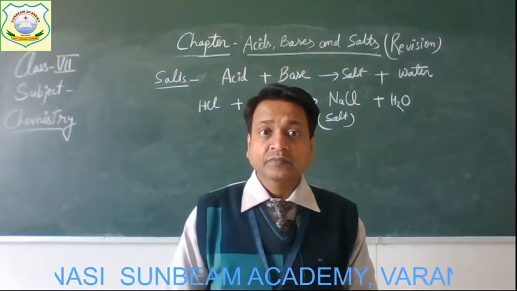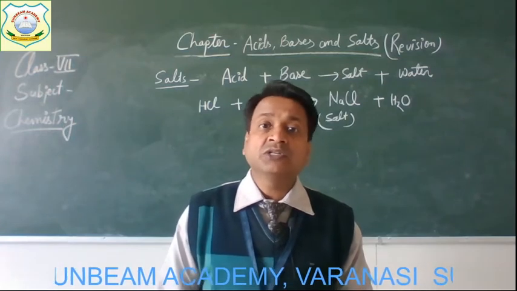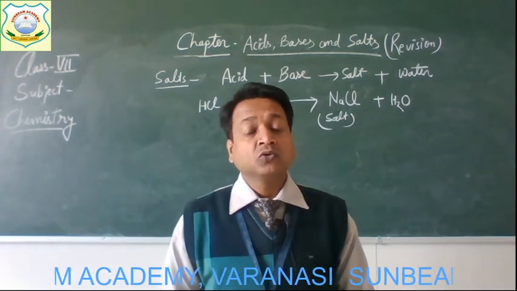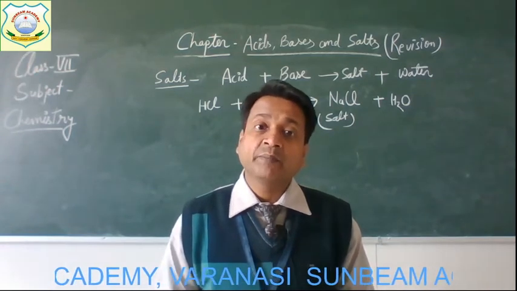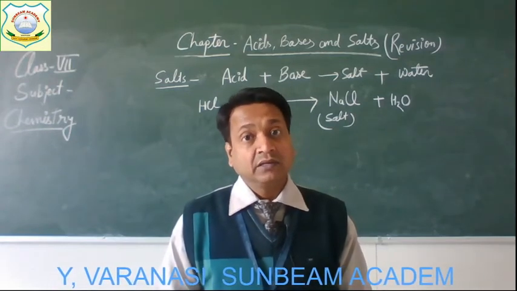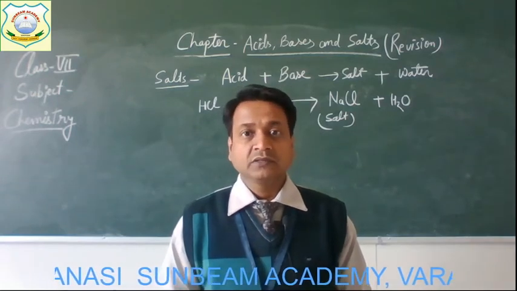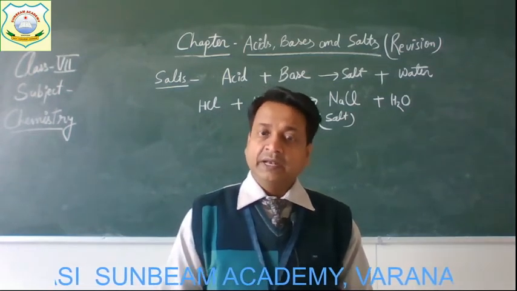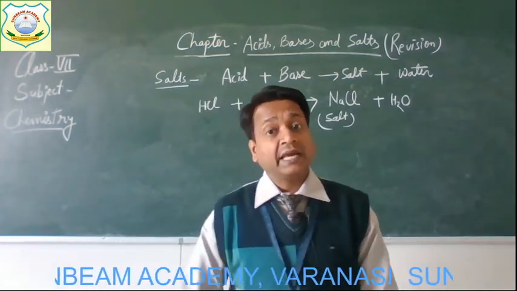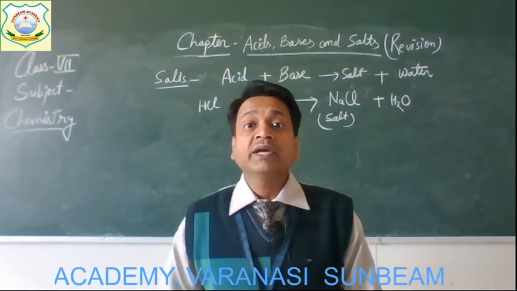Alright, children? Now the salts can be acidic, basic or neutral in nature depending on their composition. So you can say that all chemical compounds can be divided into these three categories. First acids, second bases, and third salts. Okay? Now, if a substance is either an acid or a base, how can we know about it? How can we test it?